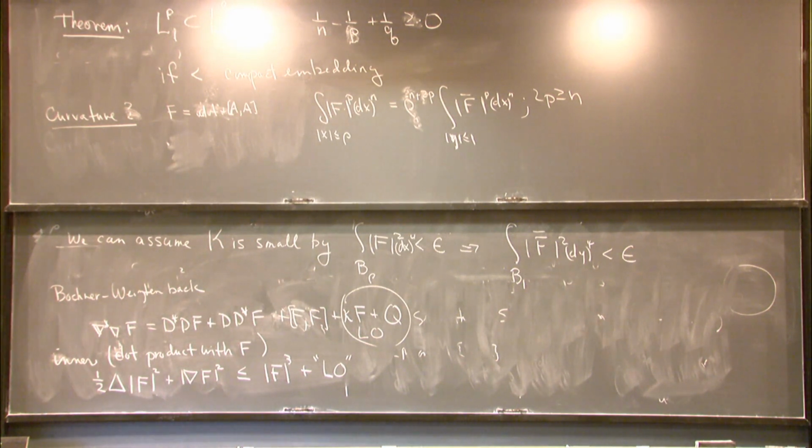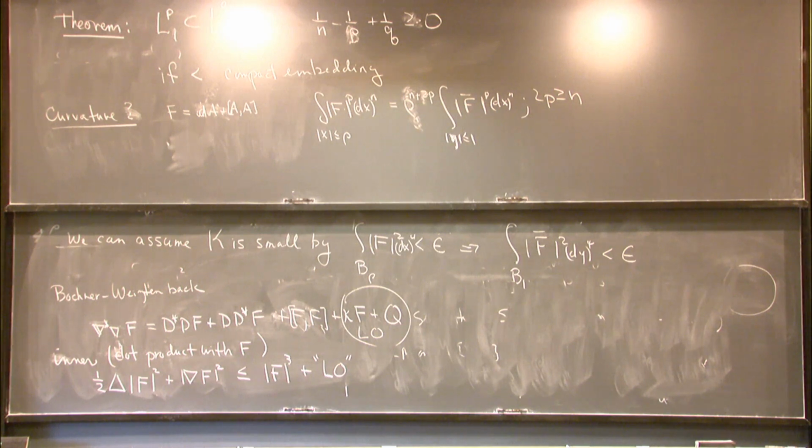So if you divide this term by the absolute value of F and use Kato's inequality, which is df less than or equal to the full covariant derivative. See, it is very important that you have the full covariant derivative here.